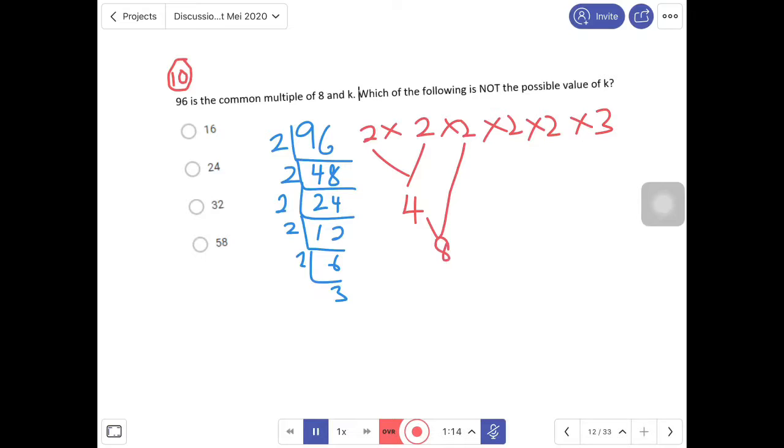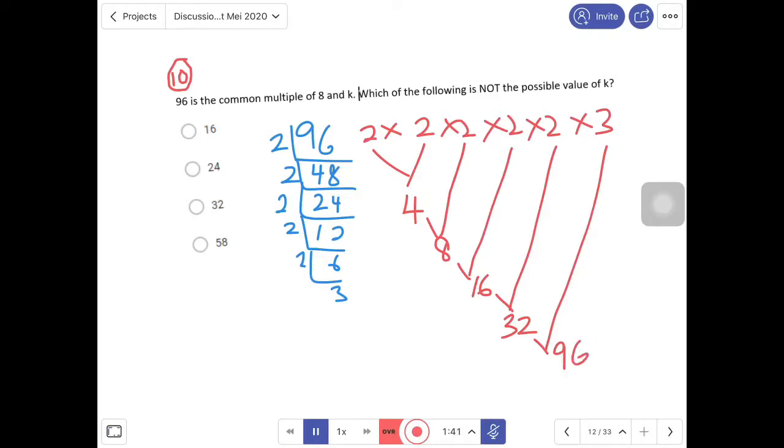So 8 is also a factor of 96, and then 8 times 2 is 16. And then 16 you multiply 2, you get 32. Lastly, 32 multiply 3 is 96.